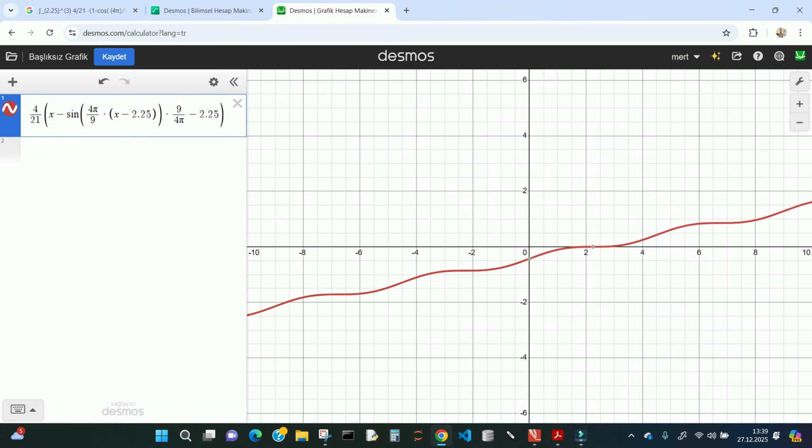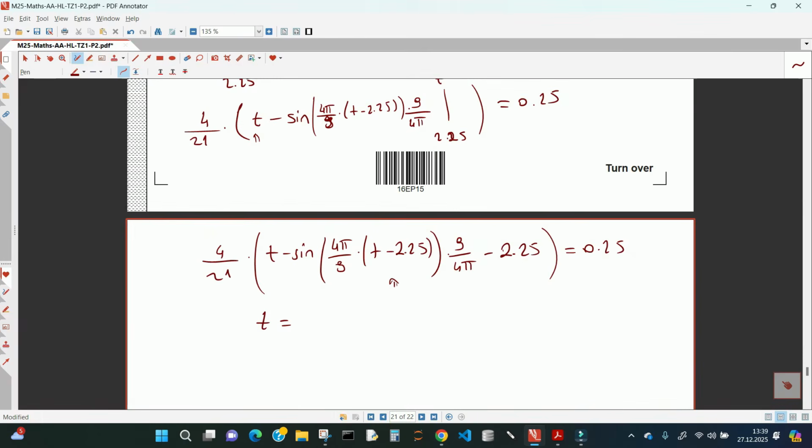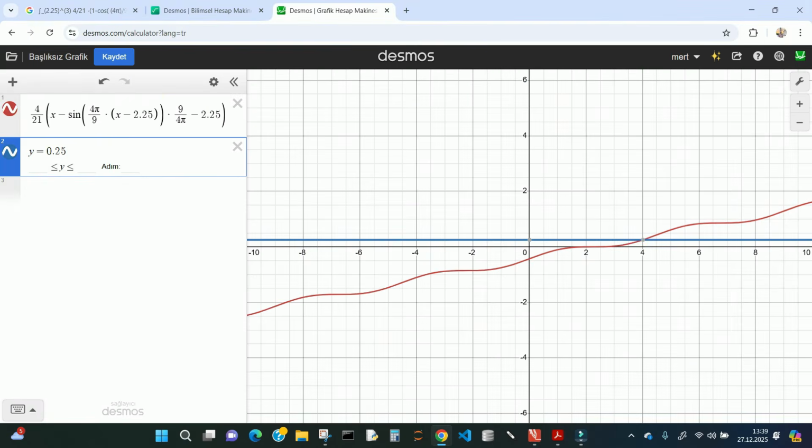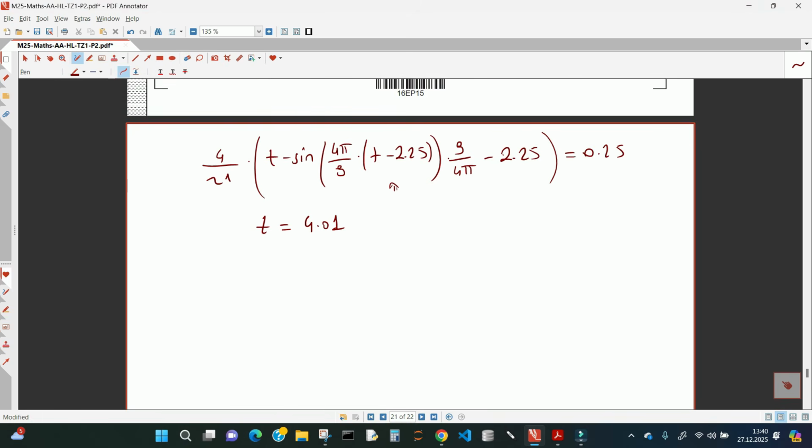Let's check it again. Yeah, we are looking for the intersection with this 0.25. And from here, you can see that it's gonna be 4.01. So t is 4.01.